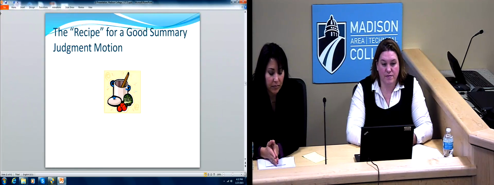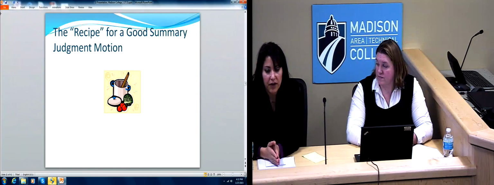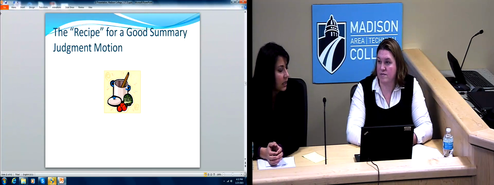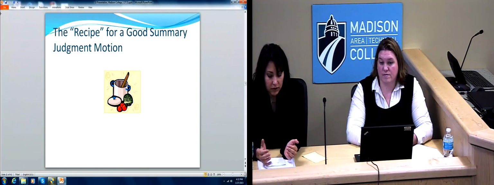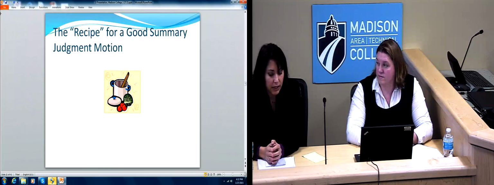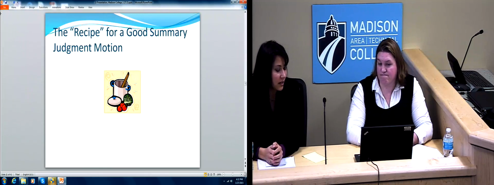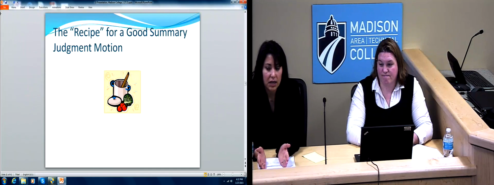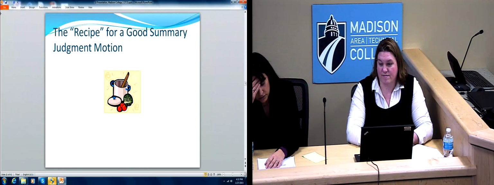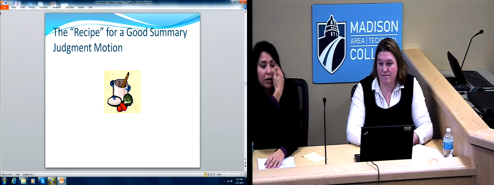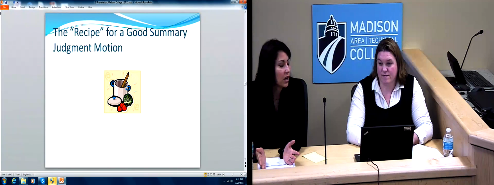I think judges struggle with their caseloads and the amount of facts and getting the facts straight and getting the law straight. A judge doesn't want to be overturned, and a judge doesn't want to have a case proceed to trial where after the plaintiff puts on her evidence, the judge says, oh, I should have granted summary judgment, because the parties went through and spent several $100,000 litigating this.